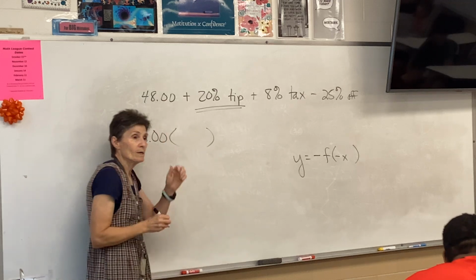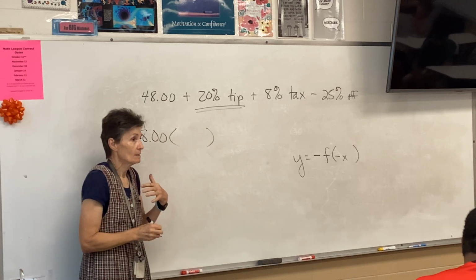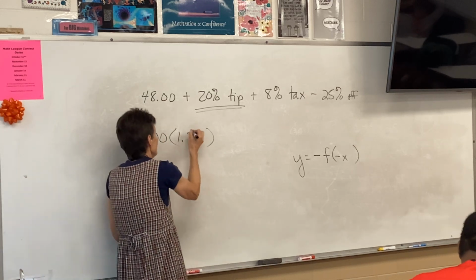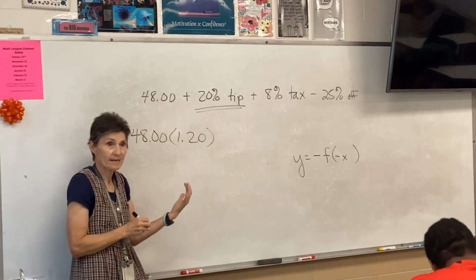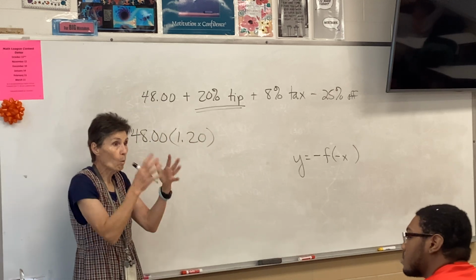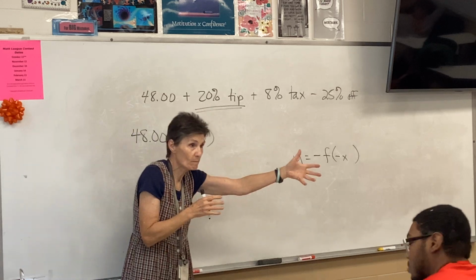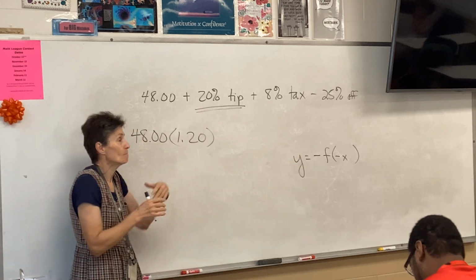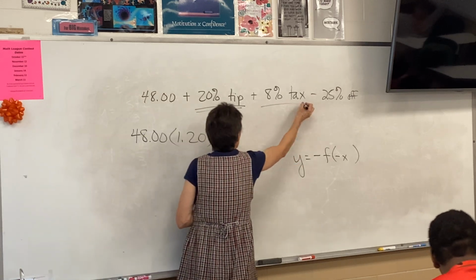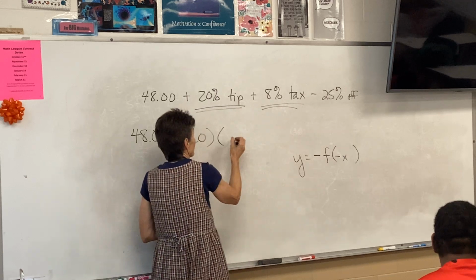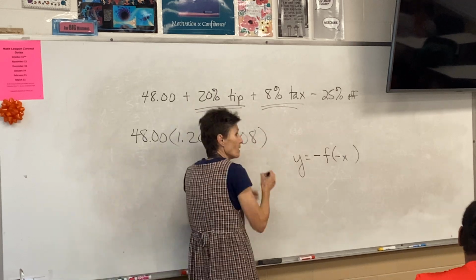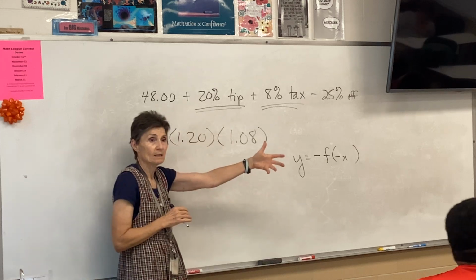No, no, no. Tips don't come off, guys. 1.20. Tips are an add-on, just like tax, right? 100 plus 20 more, 120%. What would an 8% tax look like? 1.08, that's another add-on, 1 plus.